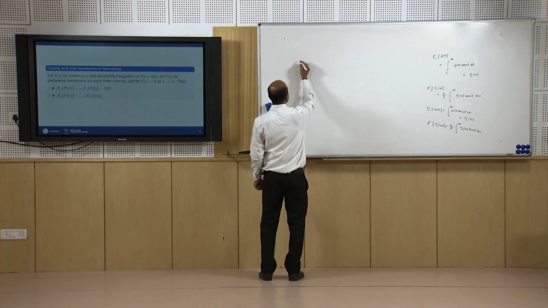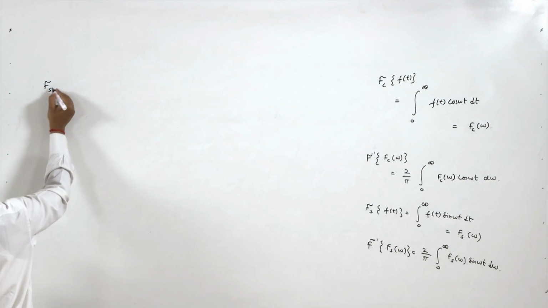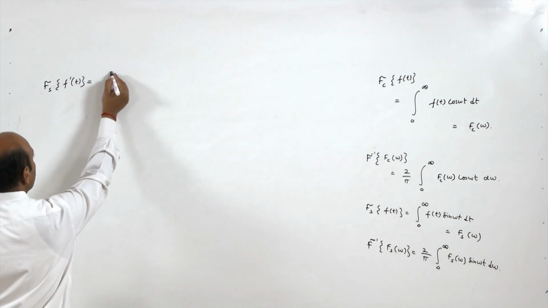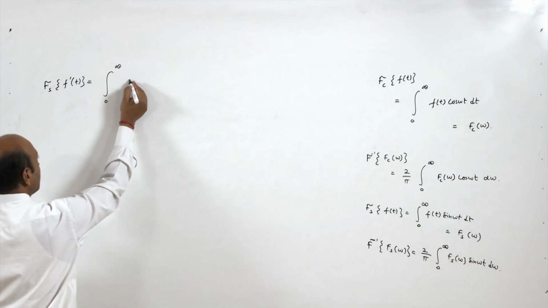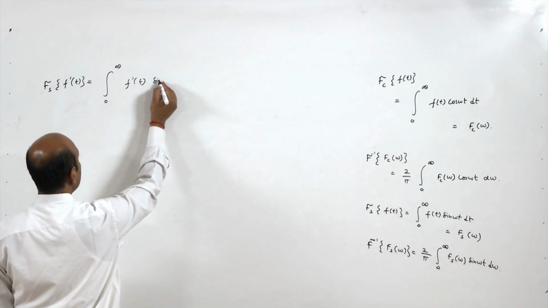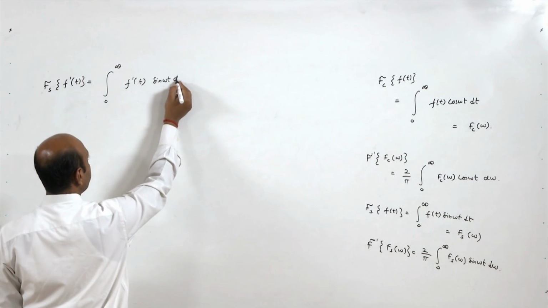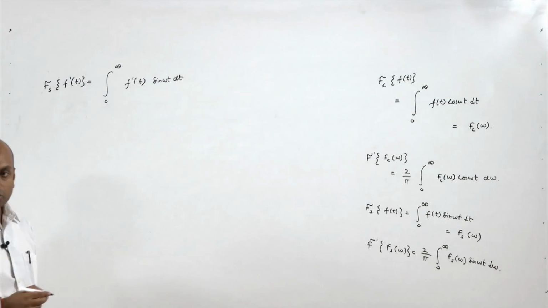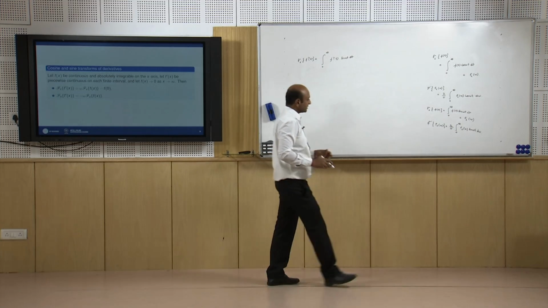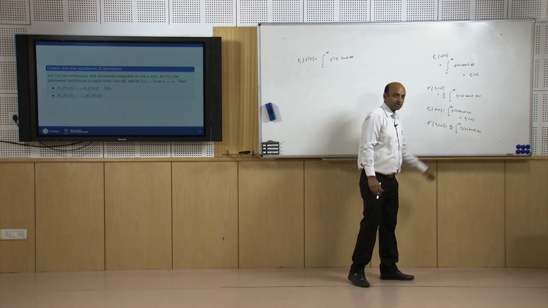So, Fourier sine transform of f dash x or t is nothing but integral from 0 to infinity f dash t into sine omega t dt. This is by definition of Fourier sine transform. You simply replace f by f dash t in this expression.